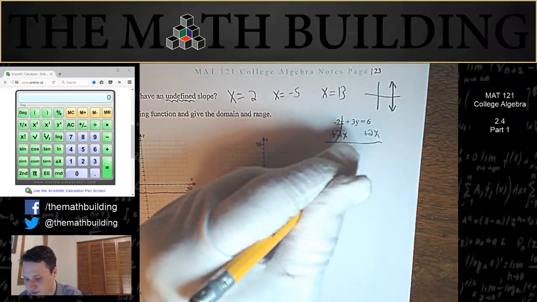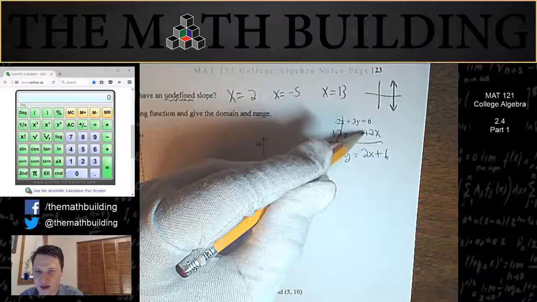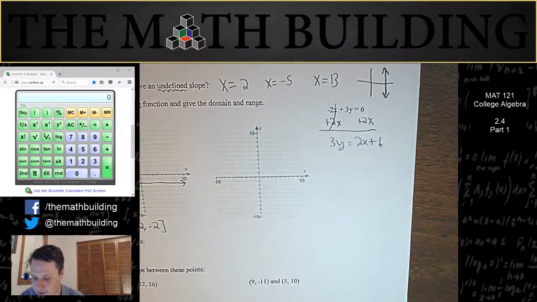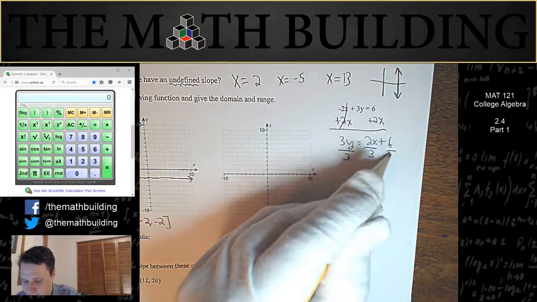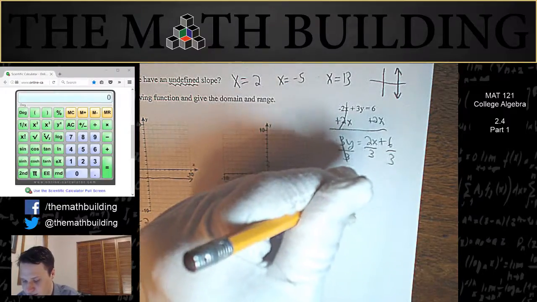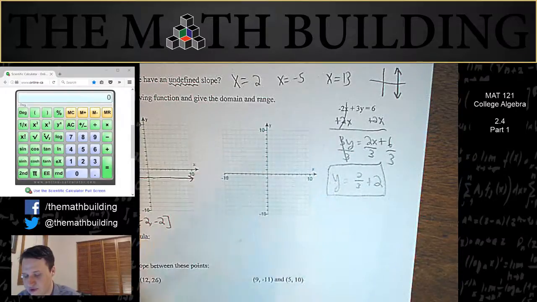So 3y is equal to, I'm going to put the x term first, 2x plus 6. Don't try to do anything fancy there. Then we divide everything by 3. So y is equal to 2/3 x plus 2. There's the equation of our line right there.